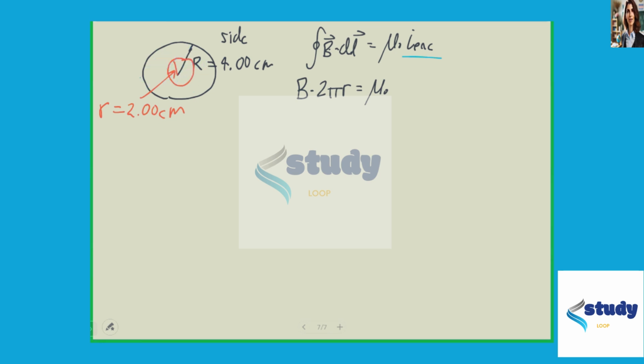It's going to be the ratio of the areas. So I enclosed is pi r squared over pi capital R squared times the conduction current.